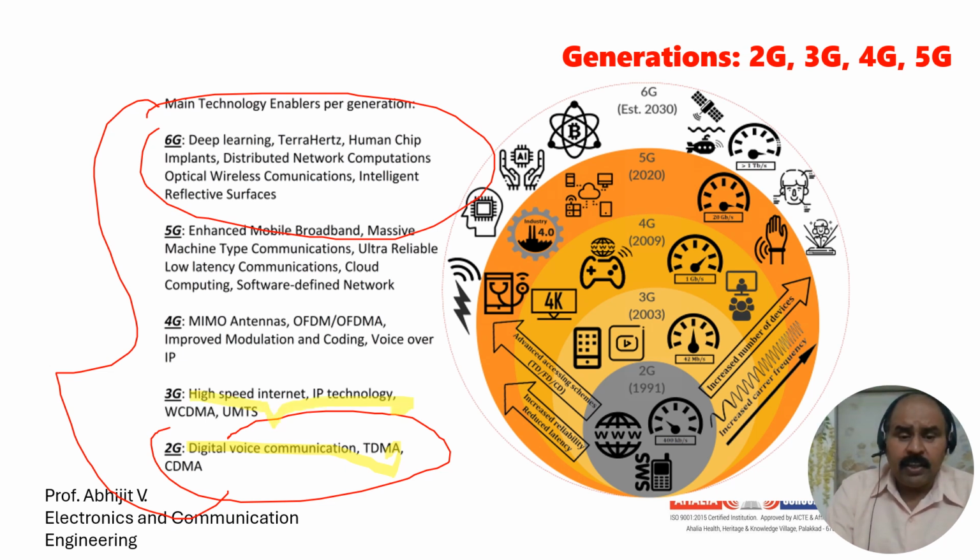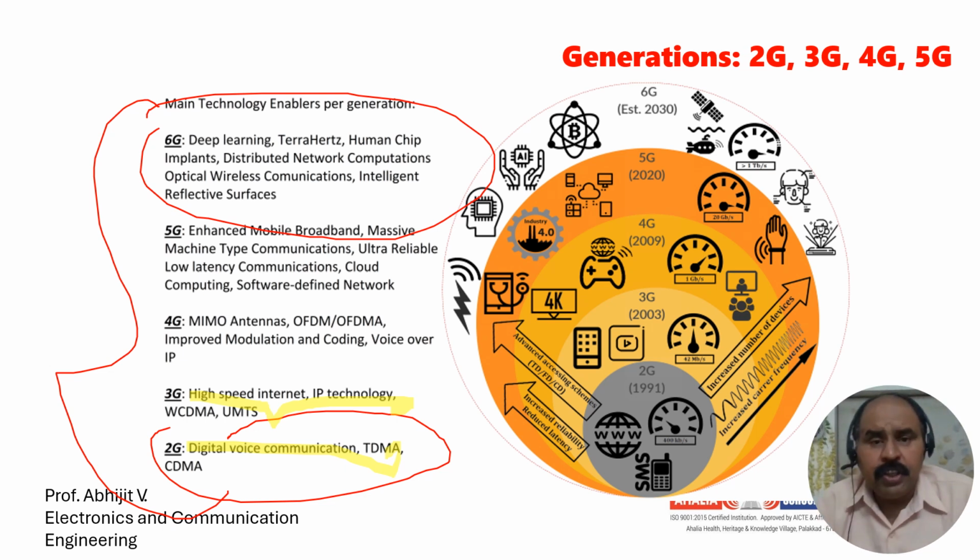the 3G standards, from voice communication we started concentrating more on data communication, internet technology, IP, Internet Protocol, and wireless CDMA. Universal Mobile Telecommunication Systems, UMTS, was developed during 3G.